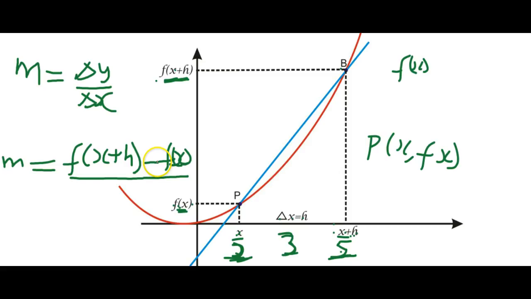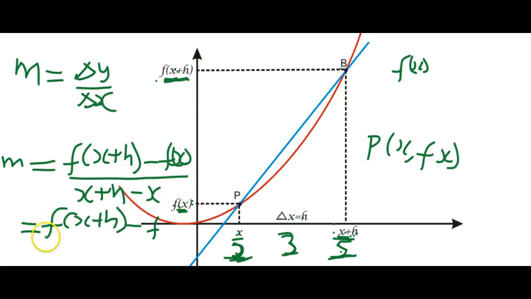And this is the bigger number, so the bigger number minus the smaller number. And then the change in x is going to be the bigger number x plus h, which is this one, minus x. And this can be simplified as f of x plus h minus f of x, all divided by h. The reason is that x minus x here will be 0, leaving only the h.